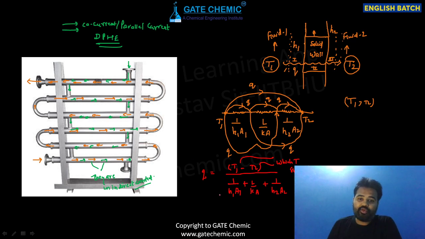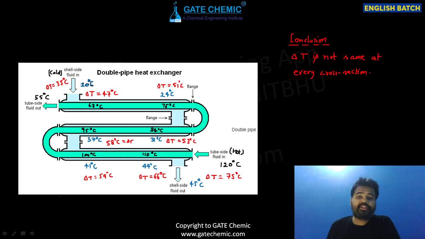Like here you can also write this as U A delta T. Here the delta T is T1 minus T2. But in this case, which T1 or which T2? And if you use the inside area, then it is Ui Ai. If you use the outside area, then you use U naught A naught. But the big problem is which delta T we are going to use.